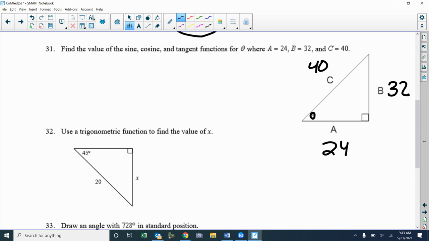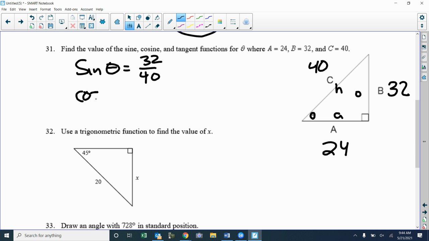Here's our theta. So this would be the opposite, this would be the adjacent, and this would be our hypotenuse. Of course, the sine is your opposite, which is 32 over your hypotenuse. Now, I'm not sure, it's a multiple choice, if they're going to be reducing the fraction or not.